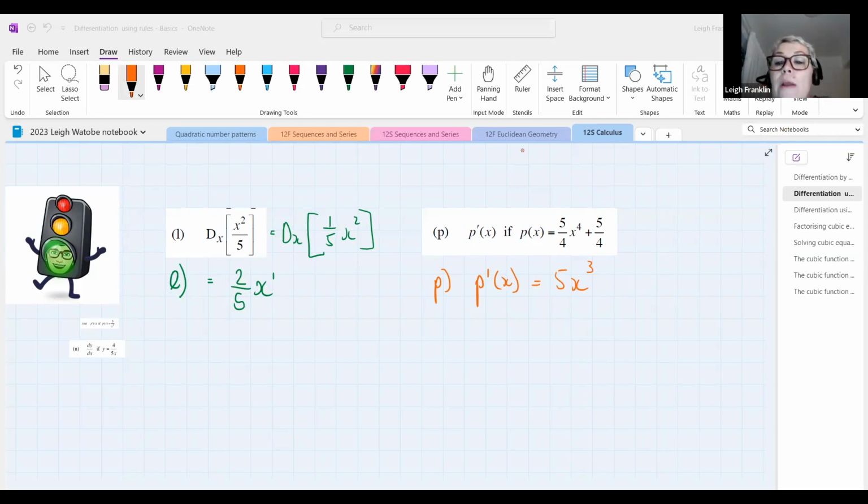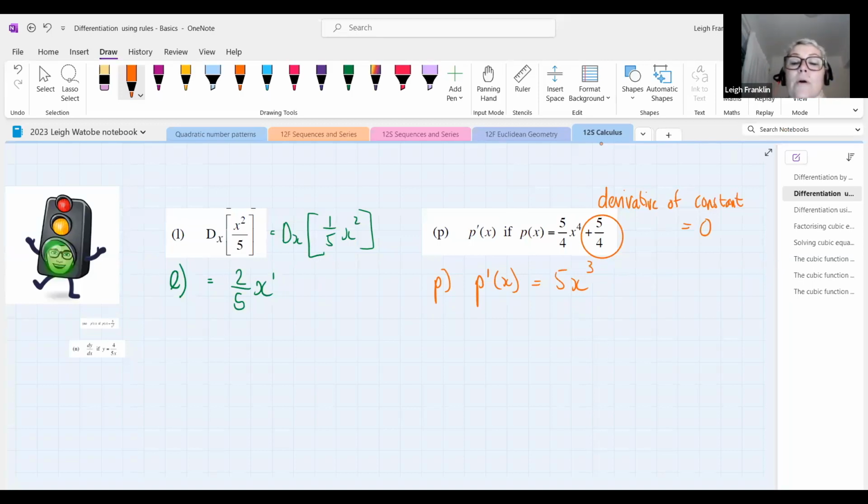When you are taking the derivative of a constant, the derivative of a constant always equals 0. So this was ready to be differentiated because each term was written sign number variable.